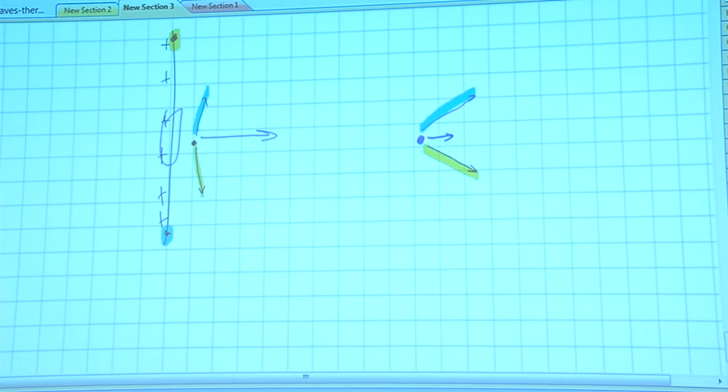So your net should make this one a little smaller over here.